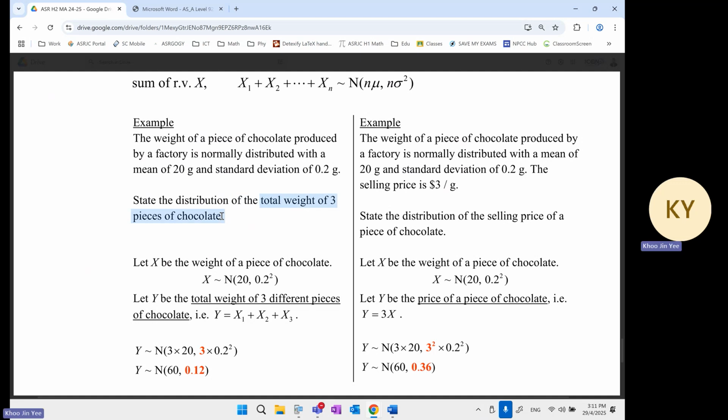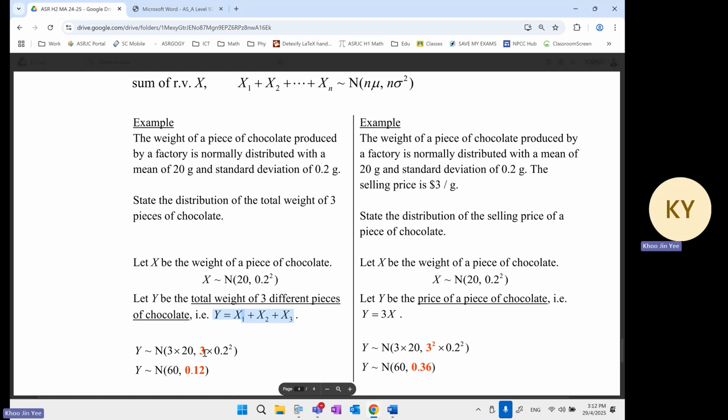Because of that, the total weight over here is x1 plus x2 plus x3. Because we are looking for the total weight, this y will equal x1 plus x2 plus x3. And because of that, when you do the mean and variance, the variance is just times 3.